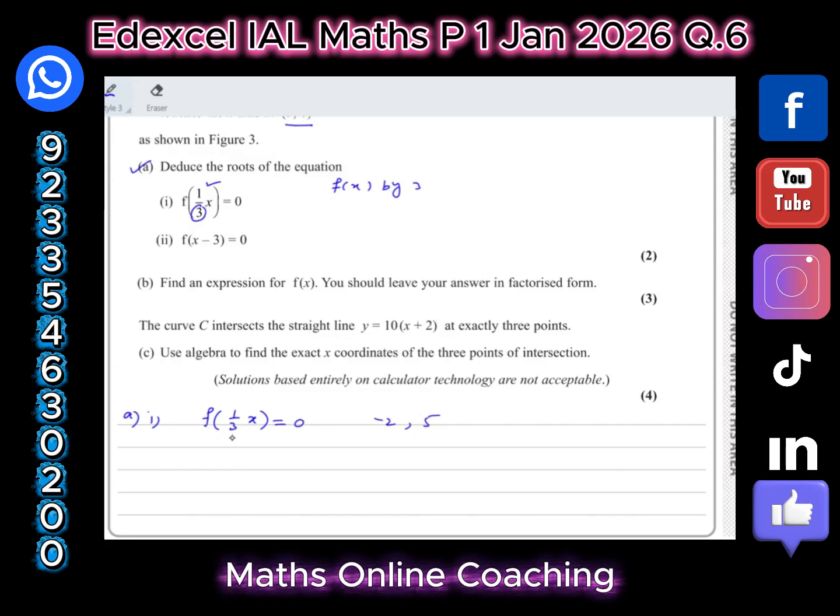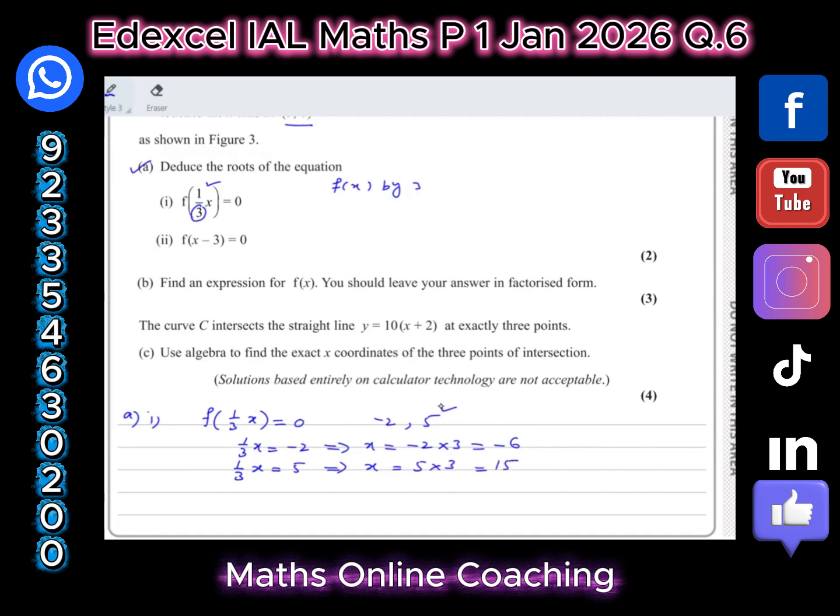So the roots of this equation can be calculated as 1/3 x = -2, which gives x equal to -2 multiplied by 3, which is -6. And 1/3 x = 5 for the second root. It gives x equal to 5 multiplied by 3, which is equal to 15.